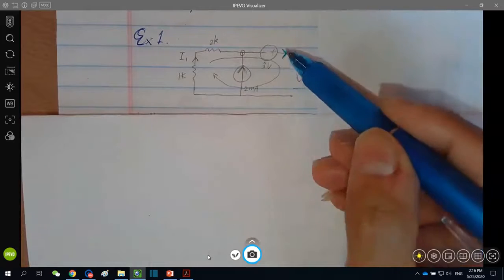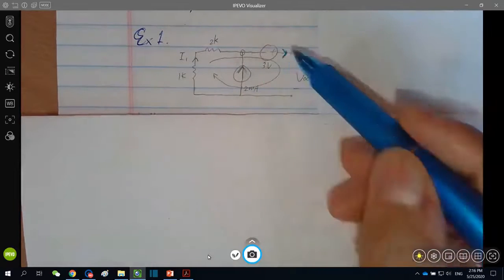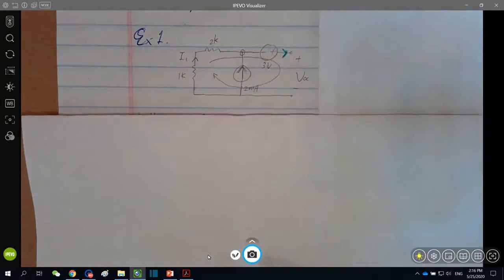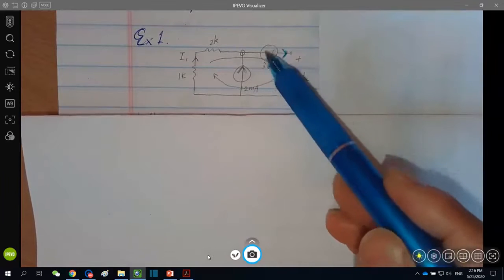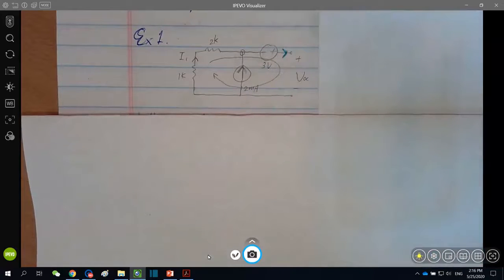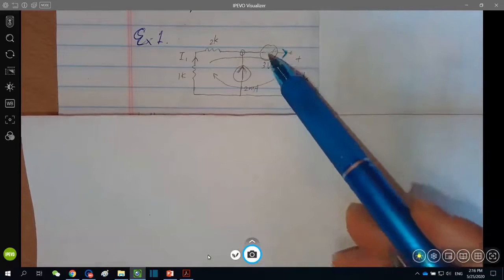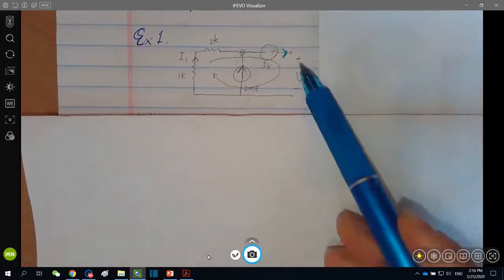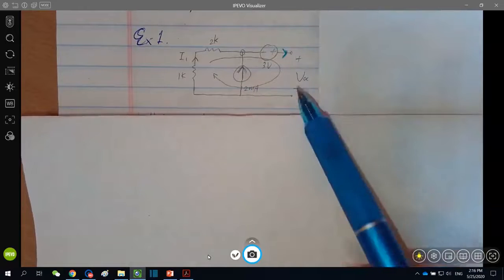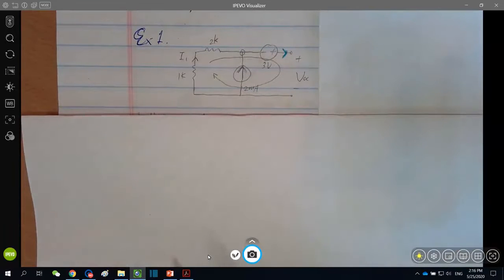Any current here? No, nothing, because of this open circuit. However, this voltage source remains, affecting the voltage. So we can't remove this 3 volts voltage source. Then how do we find this VOC voltage across these two terminals? Never forget KCL, KVL, nodal or mesh.